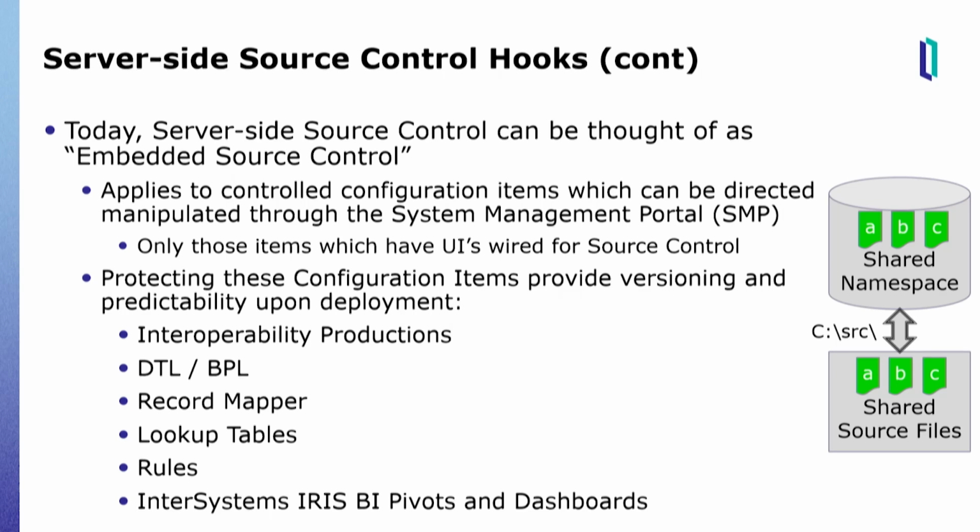So the same thing that's controlling your IDE is also controlling those pages. Only one person can check out the lookup table at a time, or it'll tell you if somebody else is editing it. So this applies to those configurations in the SMP, and only on those items whose UIs have been wired for source control.